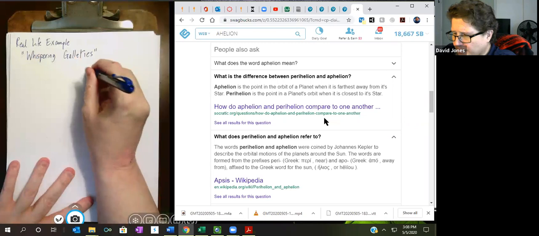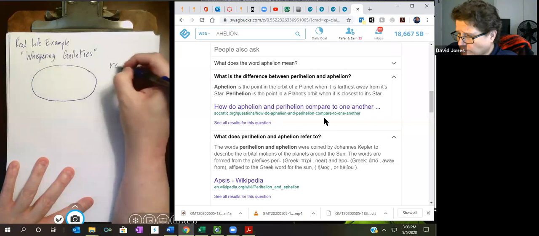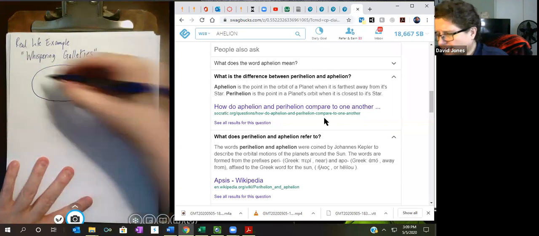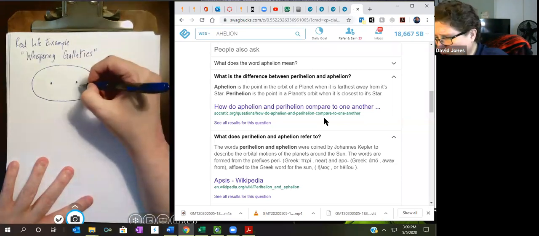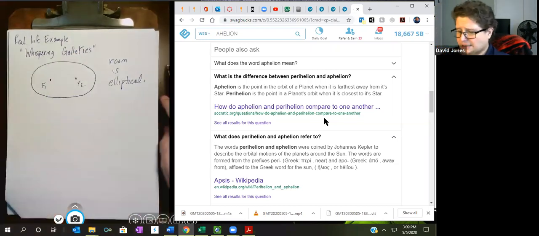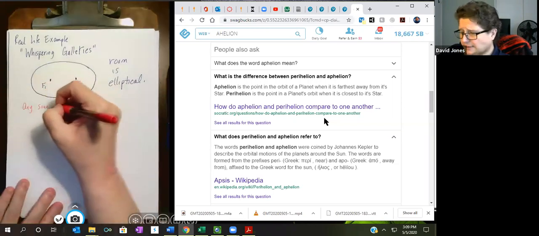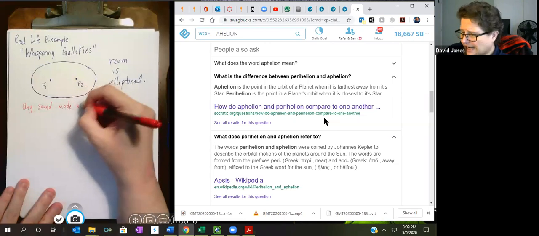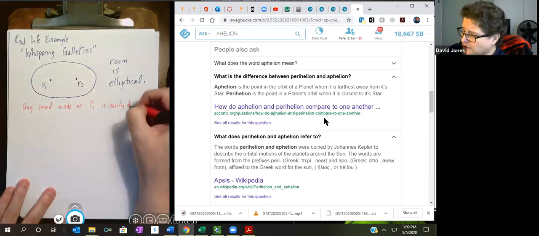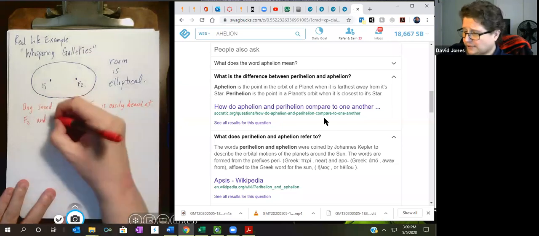If the room is built like an ellipse, if we've got two focus points, F1 and F2, any sound made at F1 is easily heard at F2. And vice versa.